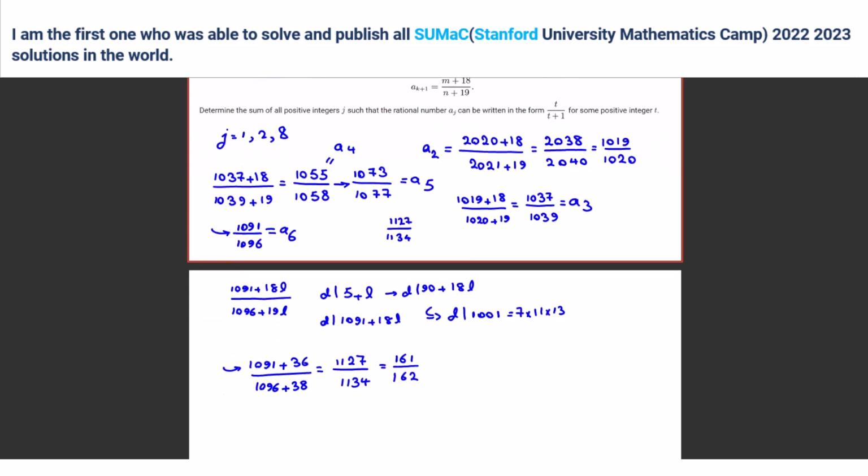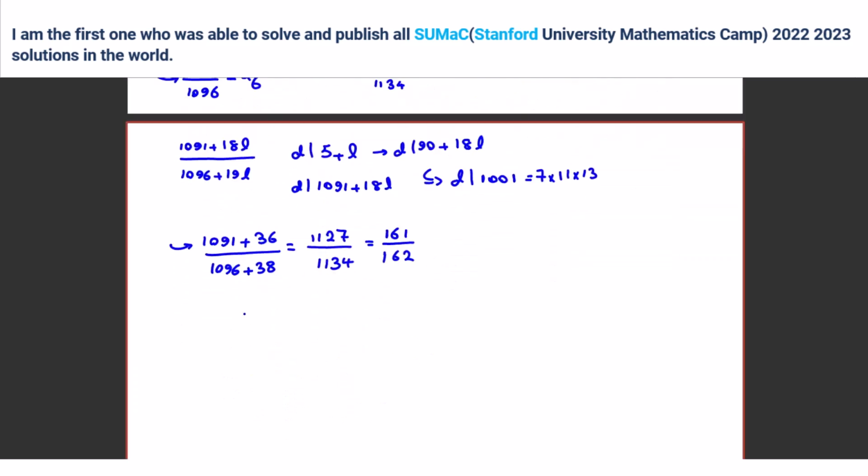Okay, let's check. Here, again, we can say 161, for example, plus 18W and 162 plus 19W, right? D divides what? D divides this one, D divides this one, D divides the difference, so that was plus 1, right?